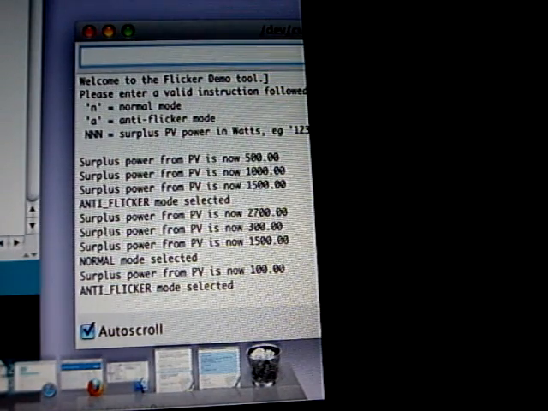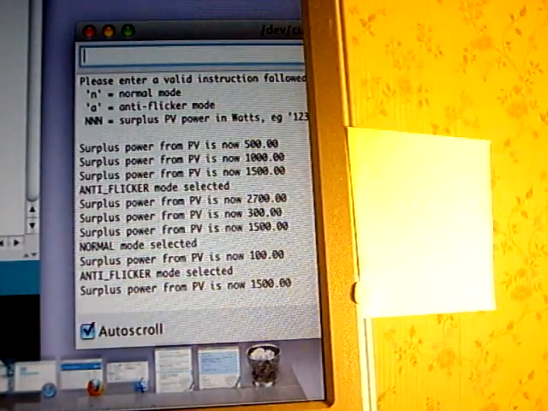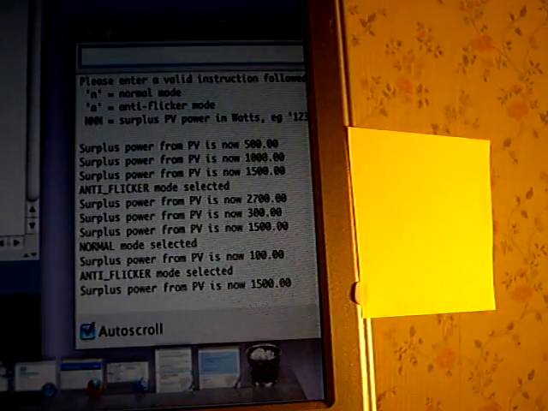Just thinking about how you would calibrate the system, it's pretty straightforward, because, for example, if I go to 1500 here, so we're simulating 1500, we're losing 3000 whenever the triac is on.